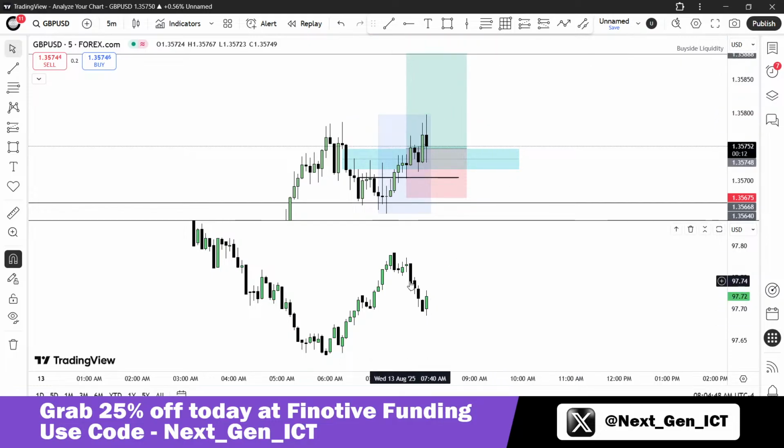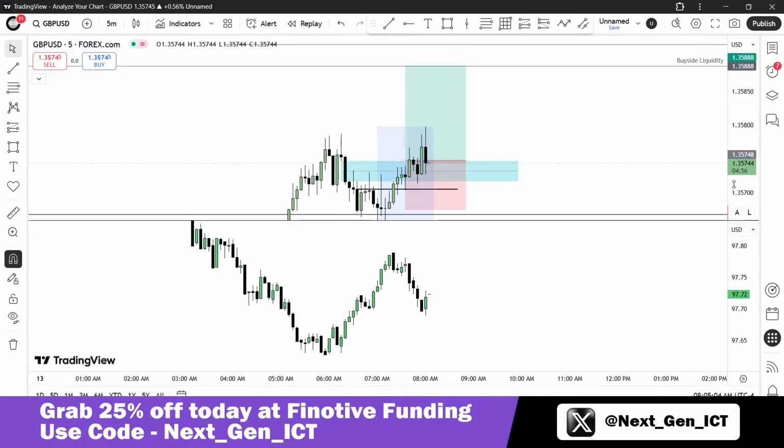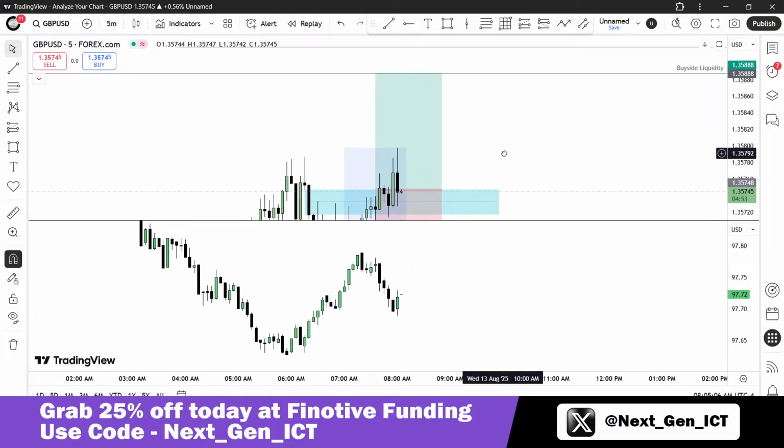You always need to see if both the pairs you are comparing form that swing low or swing high that created an SMT. If it doesn't, then you don't need to worry about that SMT either.